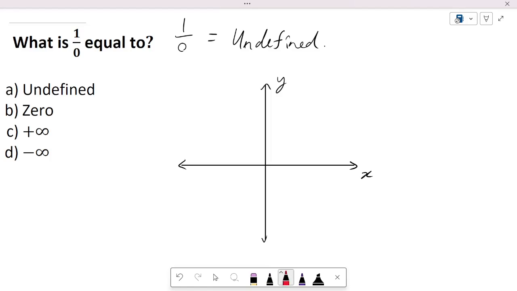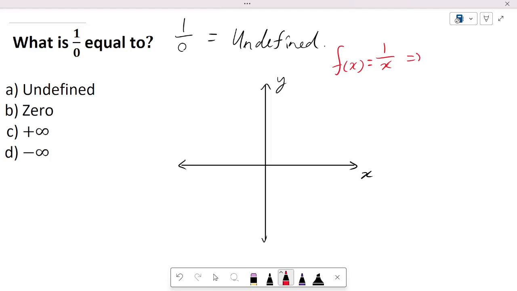So as you can see, 1 divided by 0, or 1 over 0, what we do over here is we're going to replace the 0 with x, right, such that we will have a function in terms of x, which is equal to 1 over x.